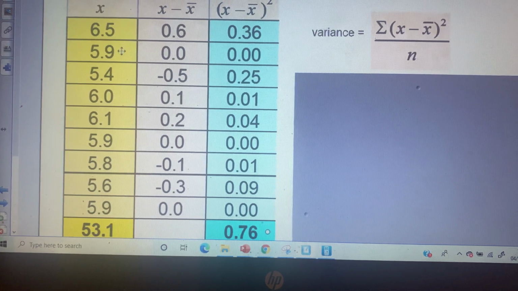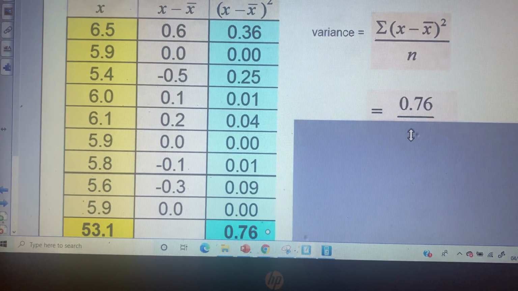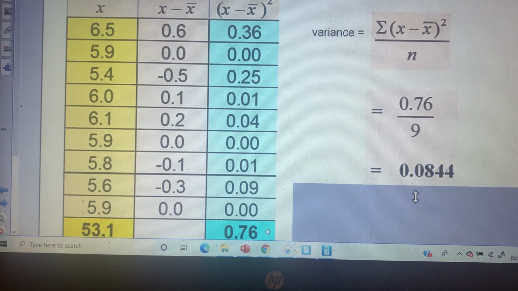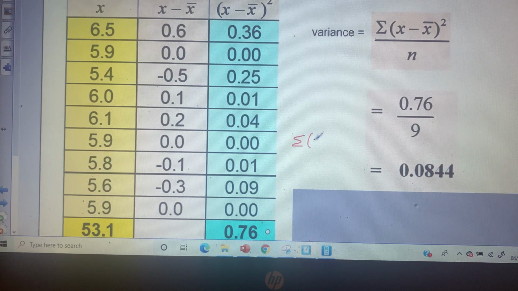And there are 1, 2, 3, 4, 5, 6, 7, 8, 9. And we're going to divide by 9. So we've got 0.76 and we're going to divide that by 9. So what I've really done here is this. It's the sum of x minus x bar all squared all over n.